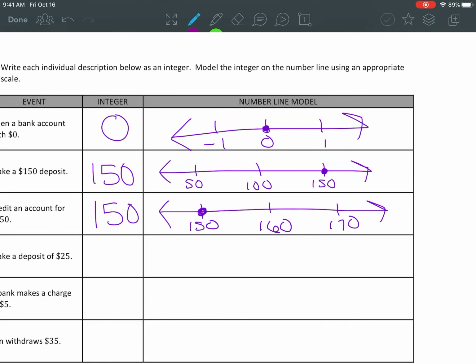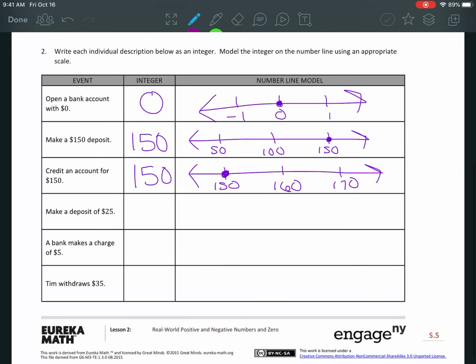Okay, so there's lots of different ways you can make your number line look and have it be correct. Okay, so a deposit, that's another positive number. And we'll count by fives. I do 3 numbers just because that shows you what we're counting by. You can do more, but I would not do any less than 3.